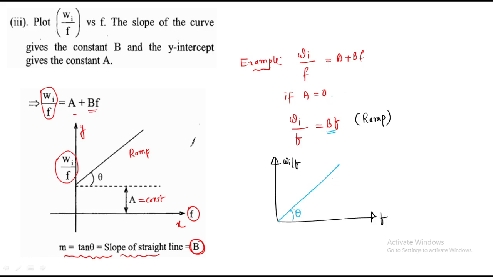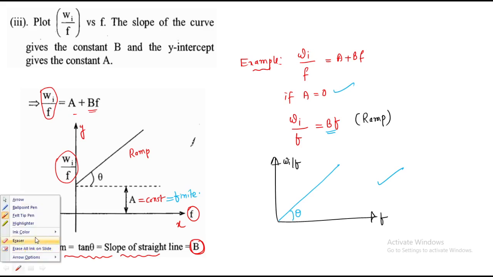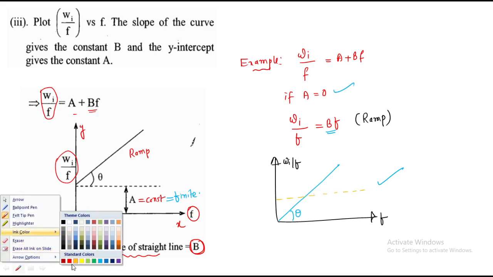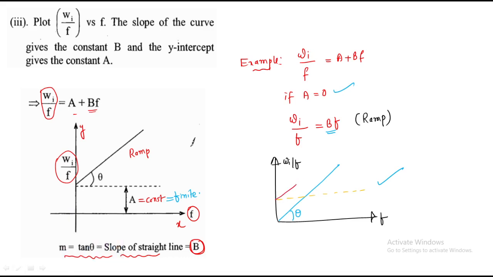So if A is equal to 0, this is the graph, but here A should be some finite value. That's why the graph should be taken from this point.